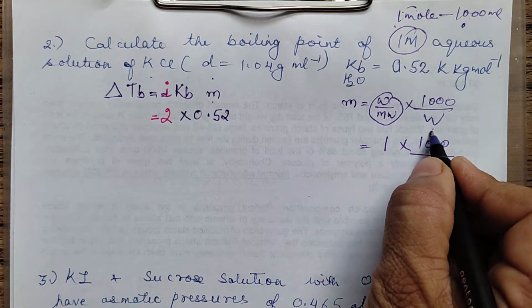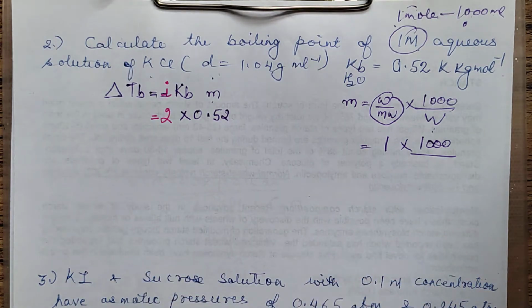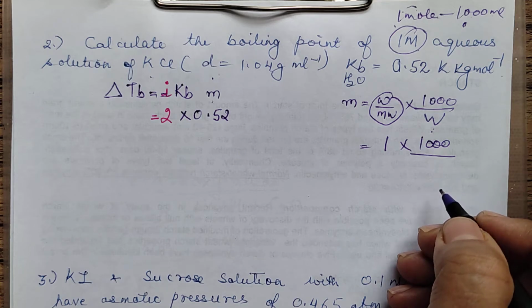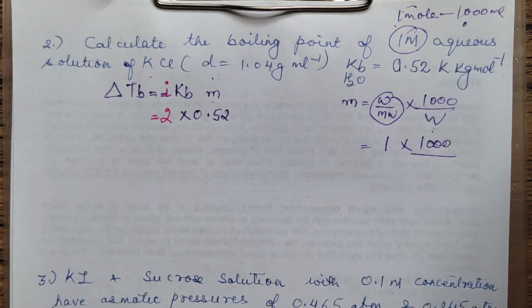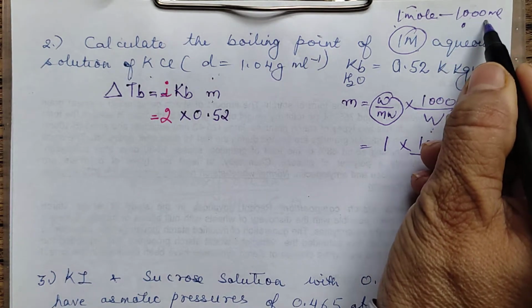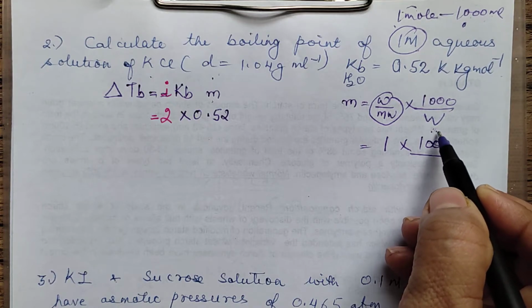We don't know the weight. Instead, we know volume and density. Weight is volume into density. But this is of the solution, and here we want the weight of the solvent.